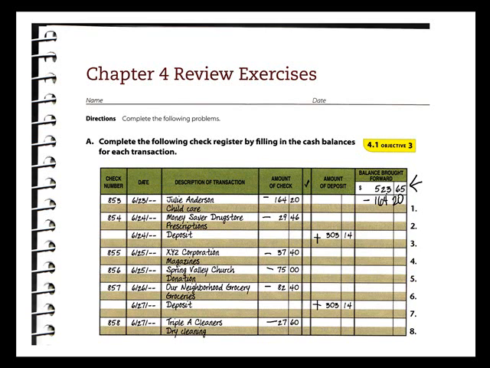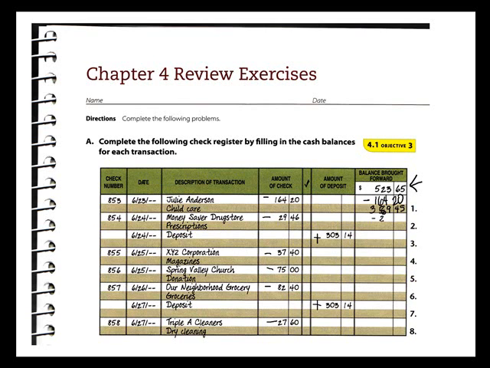So when I take $523.65 and I subtract 164.20 from it, I get, let's see, 4, and that's 9, whoops, that's 5. Okay, I get $359.45. And that's how they're carrying that balance. So they're just rewriting these amounts right here.